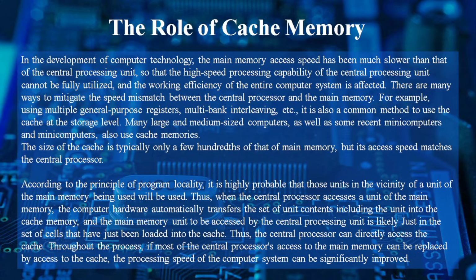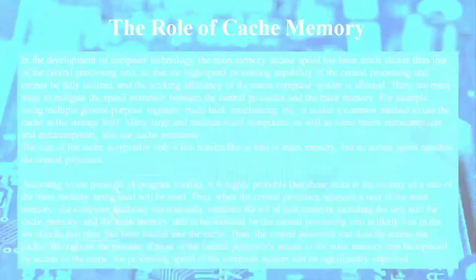The unit to be accessed by the central processing unit is likely just in the set of cells that have just been loaded into the cache. Thus, the central processor can directly access the cache. Throughout the process, if most of the central processor's access to the main memory can be replaced by access to the cache, the processing speed of the computer system can be significantly improved.